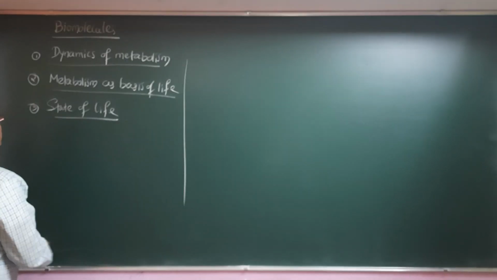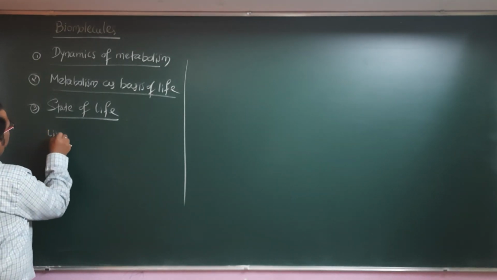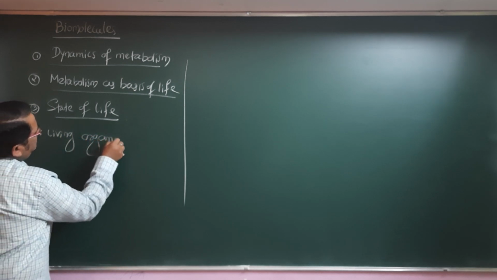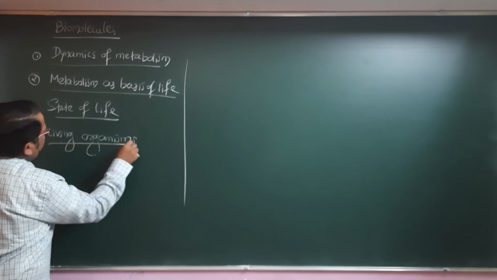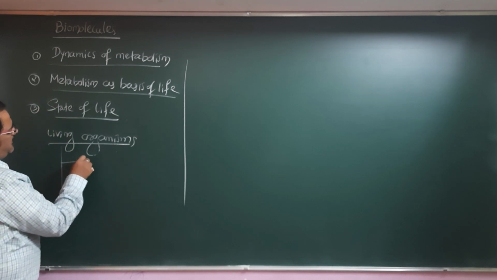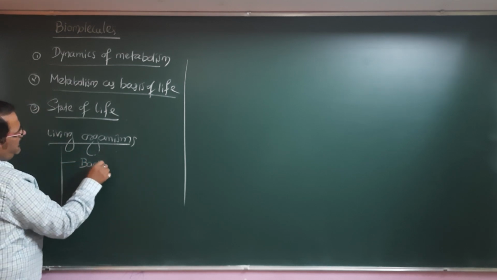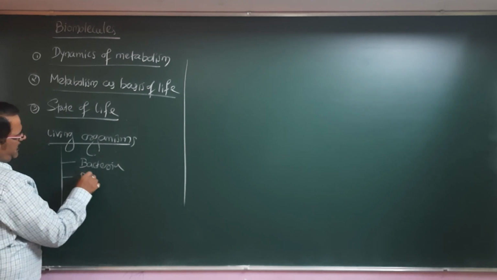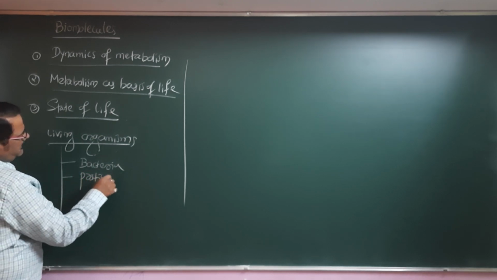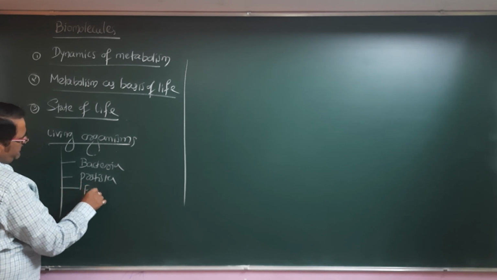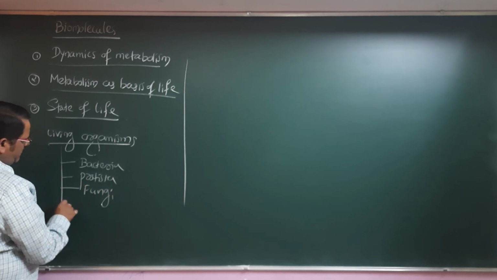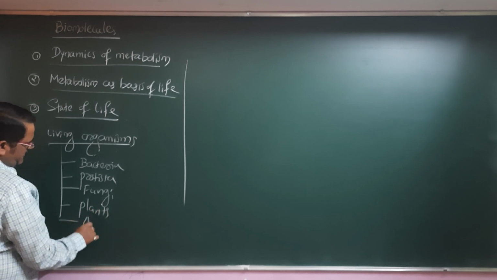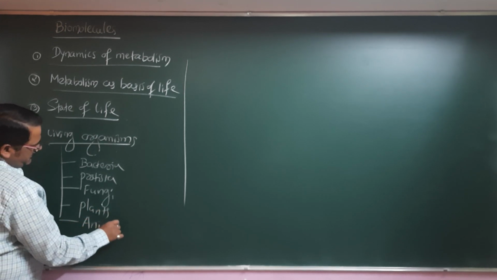Overall, living organisms are various. They can be of a variety of types. It may be a unicellular organism like bacteria, it may be protista, it may be fungi, it may be plants, it may be animals.